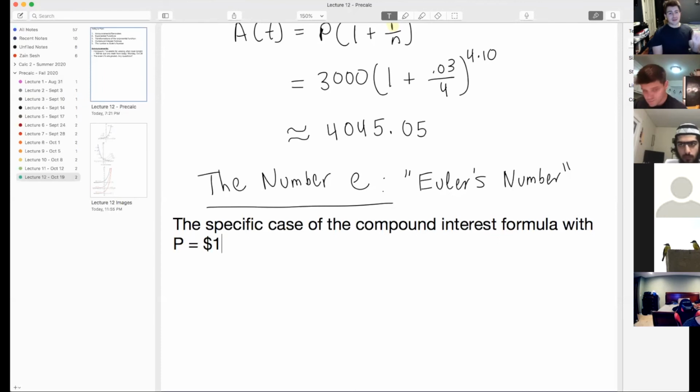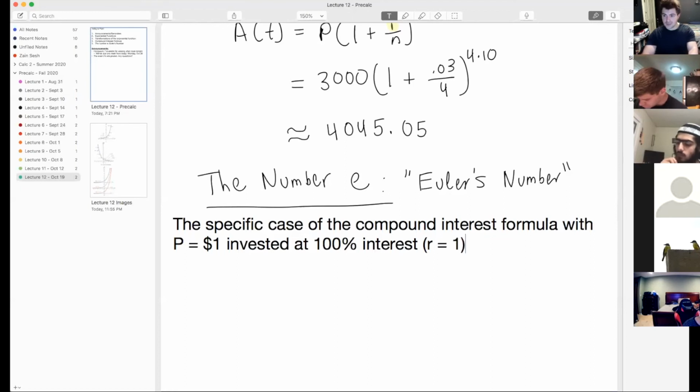So we let P be just $1, invested at 100% interest, AKA R will be 1. That's the decimal form of 100%. So R is 1. And how many years? We're just looking at it for 1 year. So in other words, T is 1 as well.